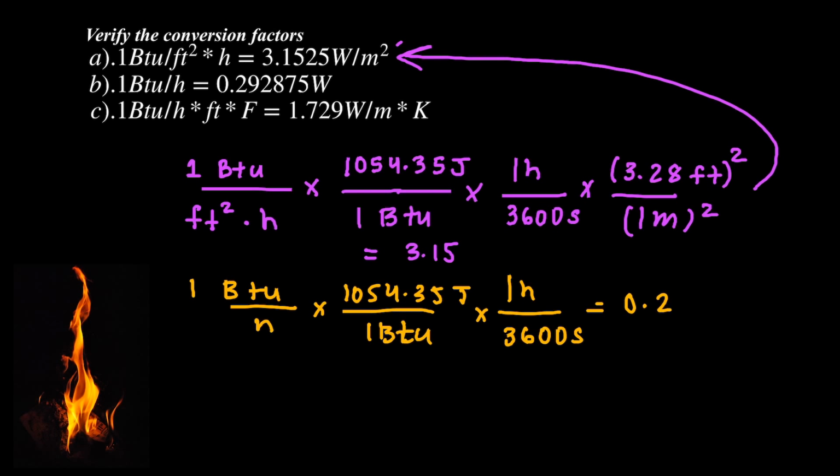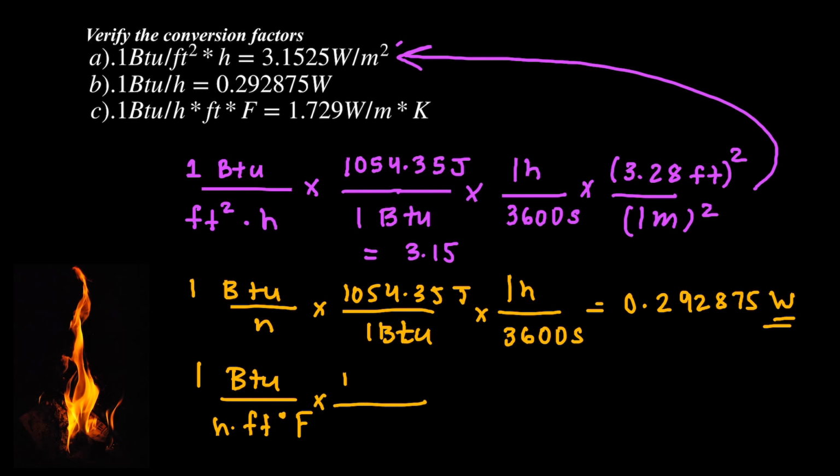And 1 BTU per hour times feet times degrees Fahrenheit. Whenever I do the whole thing, I get 1054.35 joules in 1 BTU. Multiply that by 3.28 feet in 1 meter.